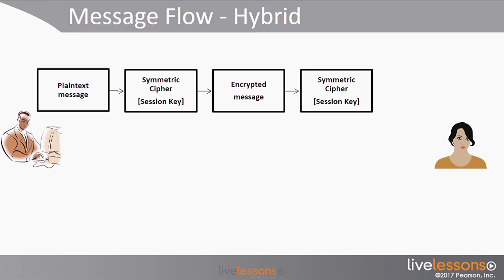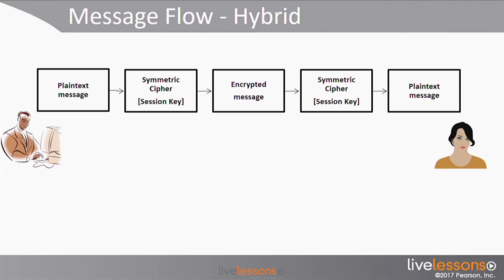The only way that Alice is going to be able to decrypt that message is to use that same session key and that same symmetric cipher. And if she does that, well, she'll have the plain text. But the problem there is that we had to find a way to get her the session key. But because it's a message and it's a block, we really want to use symmetric encryption because it's going to be much more efficient. So now our challenge is, how do we get the session key over to Alice?